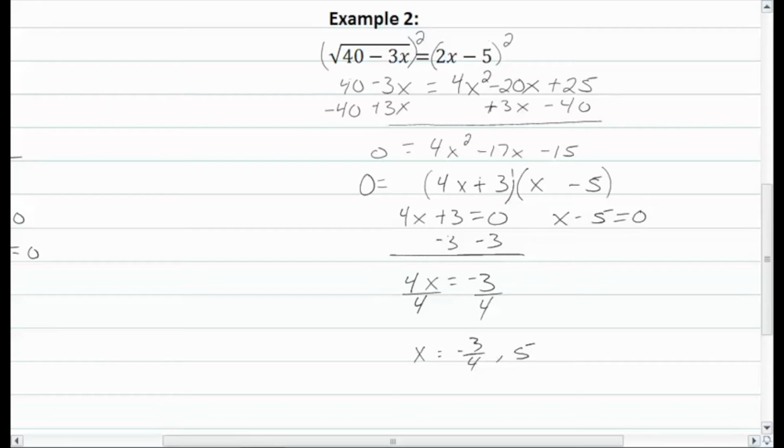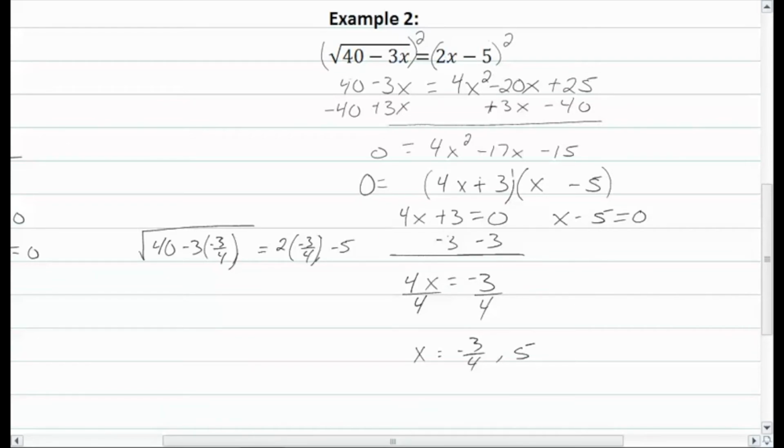Now we need to check that in our original equation. So we have the square root of 40 minus 3 times -3/4 equal to 2 times -3/4 minus 5.